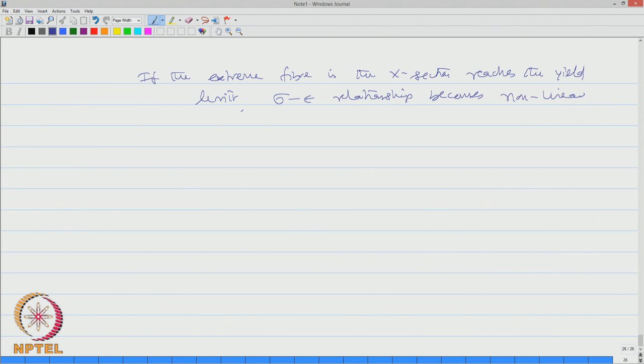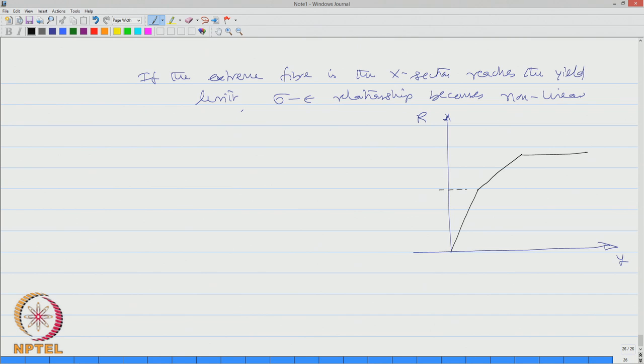On the other hand, if I try to plot the variation, I call this as the deformation and resistance. Let us say initially it is linear, then it is more with large deformation, and then it is having infinite deformation.